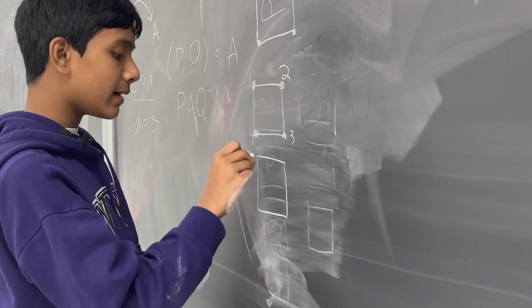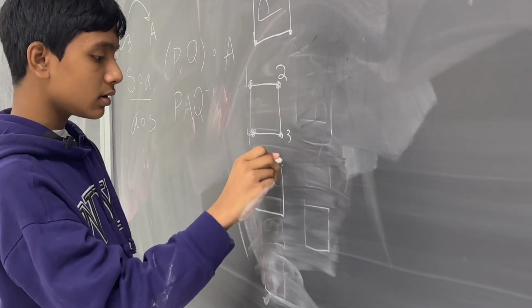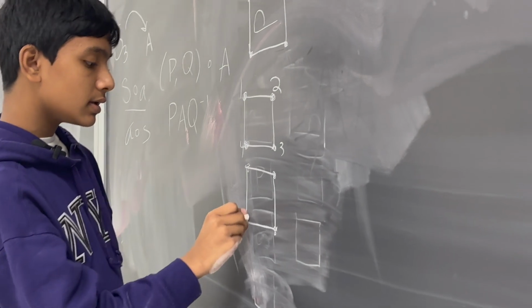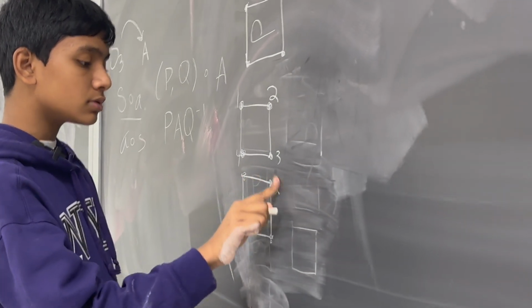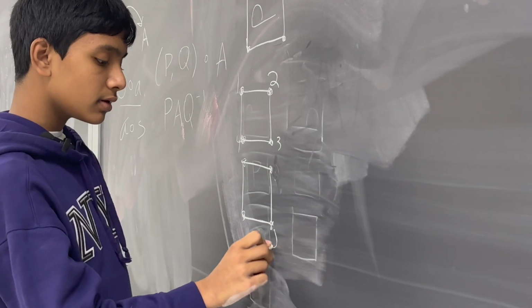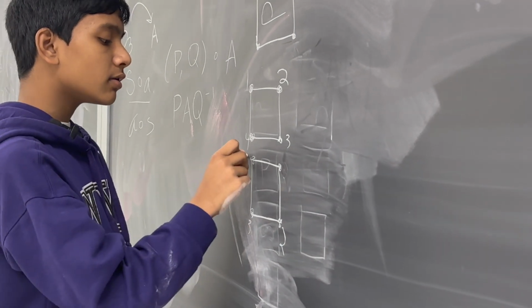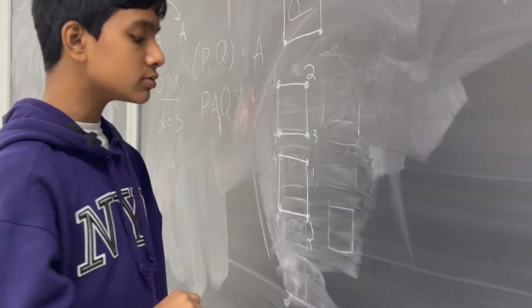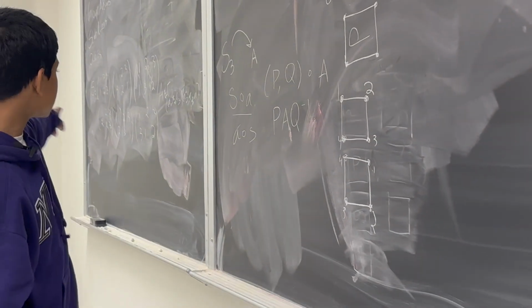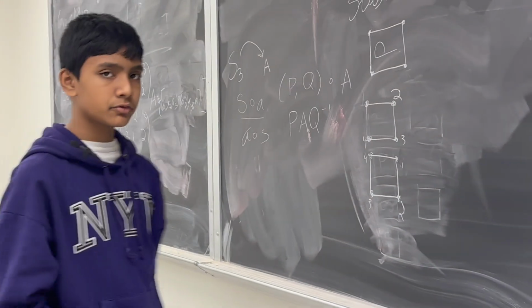If I rotate them this way, clockwise, then 1 goes to the 2 spot, 2 goes to the 3 spot, 3 goes to the 4 spot, and 4 goes to the 1 spot. Kind of like a cycle back in symmetric group 3, right?